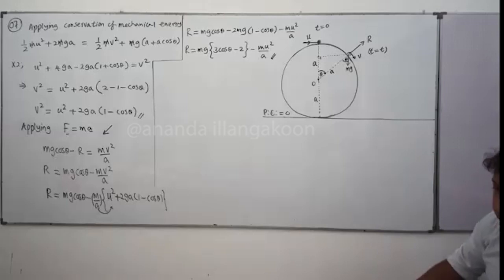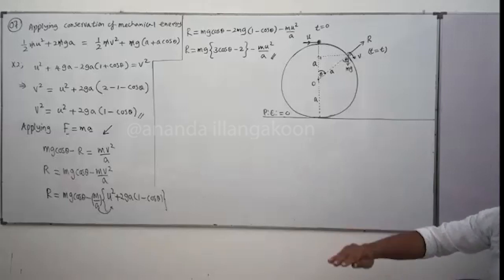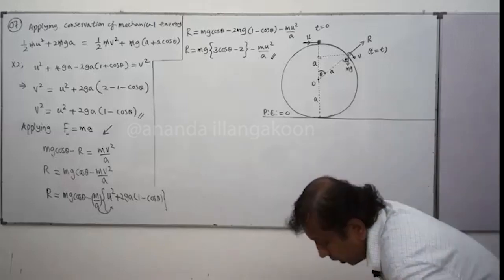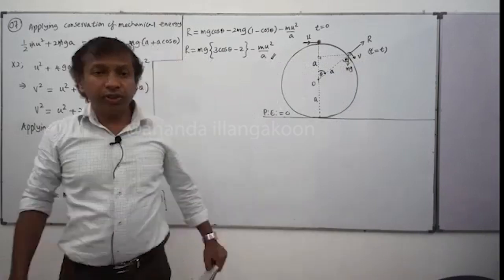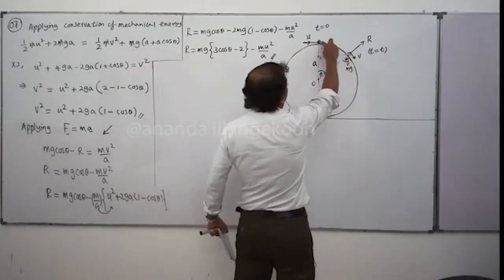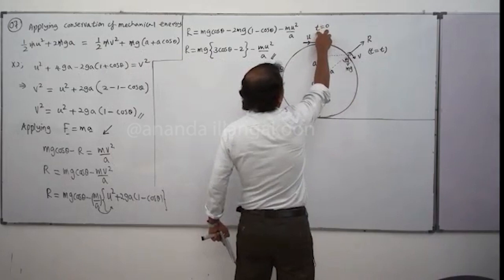At t equals 0 means, people, at the moment we give the velocity u to the particle, that is the t equals 0 moment.